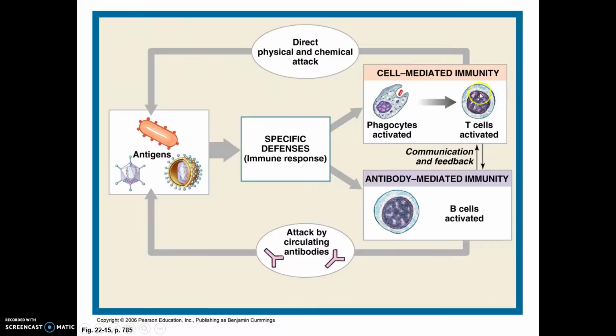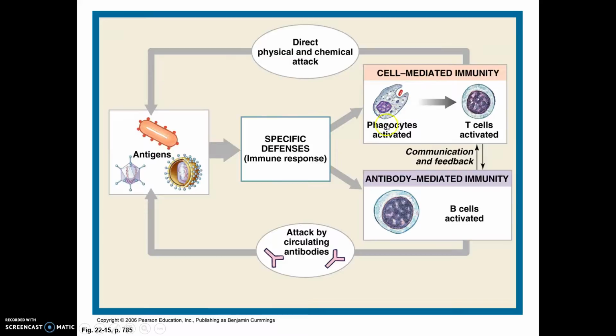So over here in our specific defenses, we have our two major types of lymphocytes: our B cells and our T cells. The B cells and T cells learn to recognize specific markers found on the invaders called antigens.